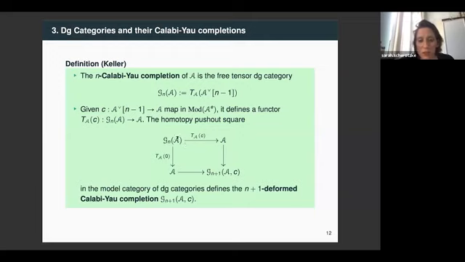Now we can look at a homotopy pushout. We have maps from the Calabi-Yau completion: one is induced by C to A, and one is induced by 0. The one induced by 0 is just the projection onto the first summand, A goes to A, and the dualizing complex goes to 0. We can take the homotopy pushout of this, and this is called the n-Calabi-Yau completion, the deformed Calabi-Yau completion, and it depends on this map C.